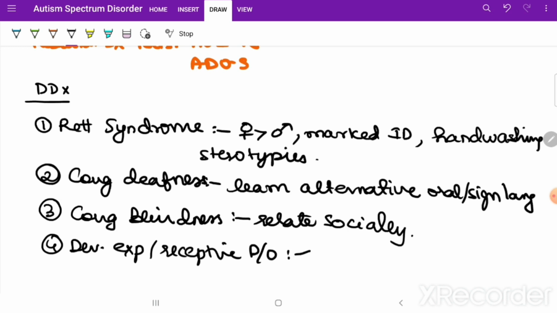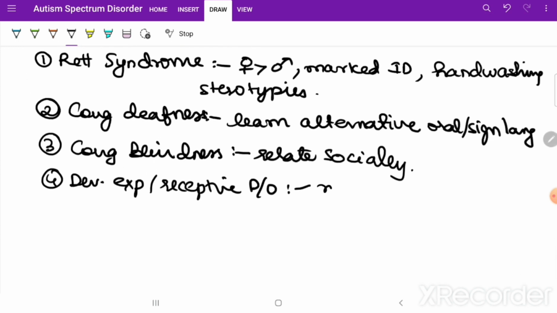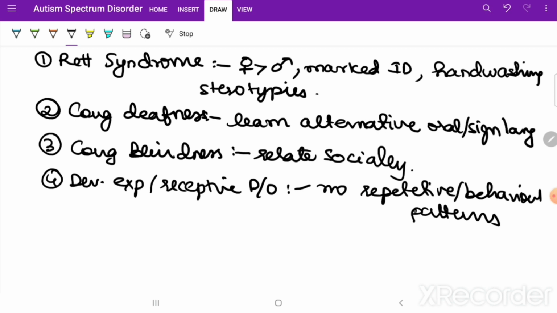In this, these children are typically more sociable, communicate well with gestures, and do not have stereotypical and repetitive behavioral patterns. They develop good social skills, but they have a developmental expressive and receptive language disorder.